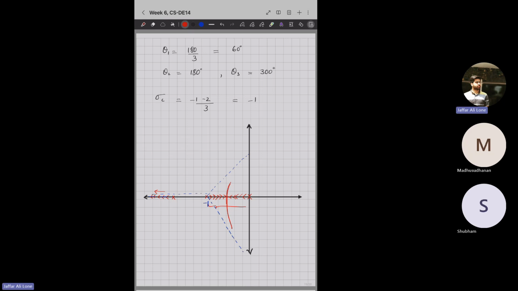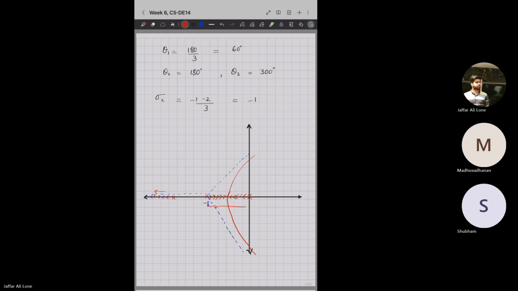So when they strike, there is an occurrence of a break point, and it will be something like this. See, here they will strike, and then they will go to infinity like this.